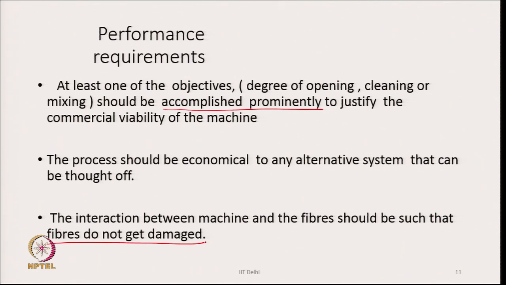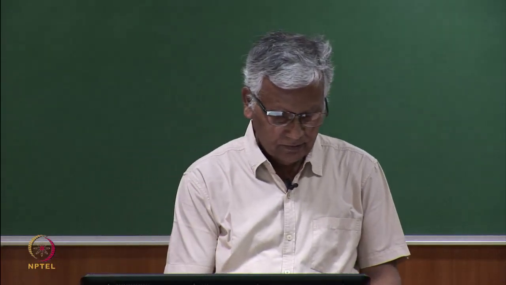They are very delicate, very tiny, not very strong, and hence the machines, when working on the fibers, should not damage or break them. This also is equally important.